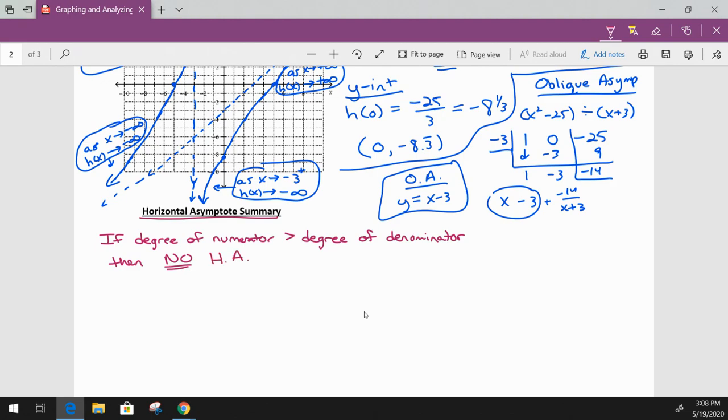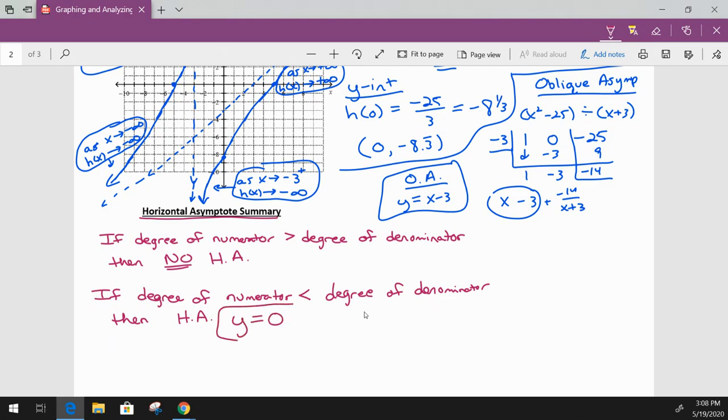So that's scenario number 1. If, however, the degree of the numerator is less than the degree of the denominator, then your horizontal asymptote is the line y equals 0.